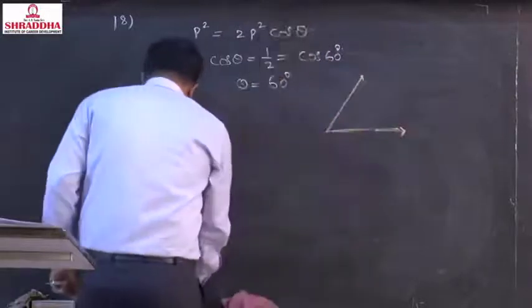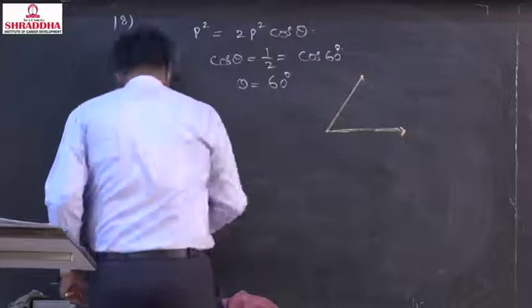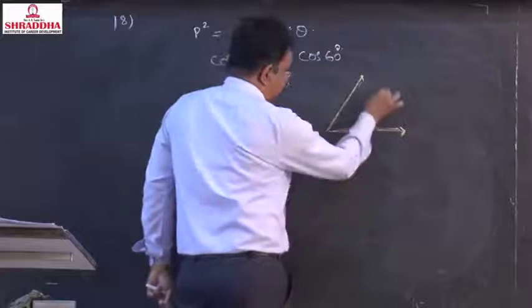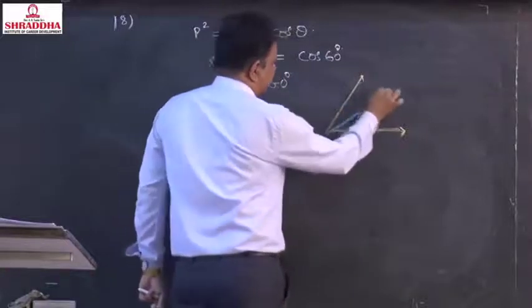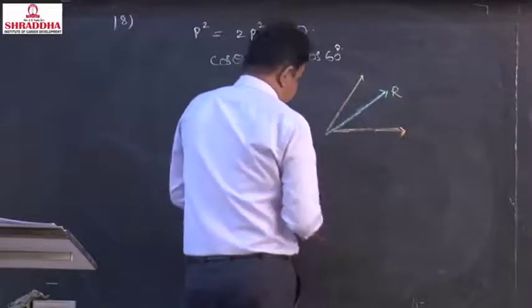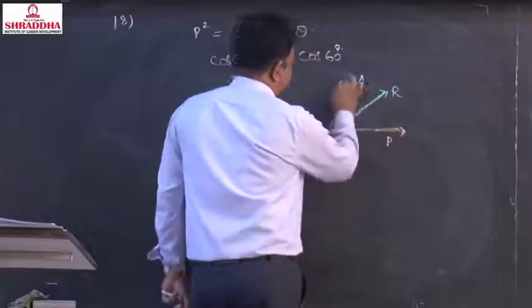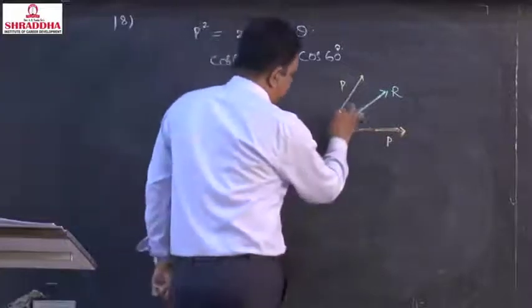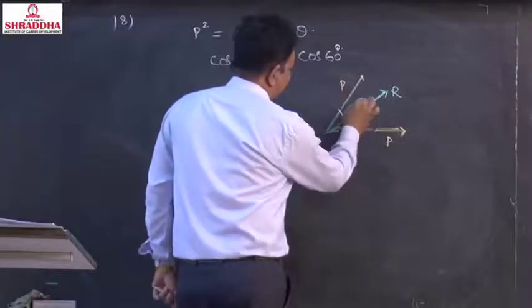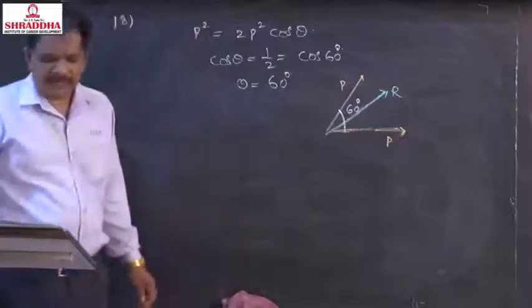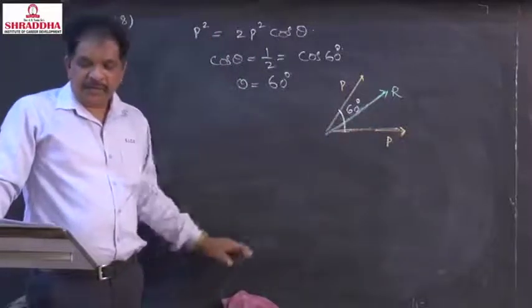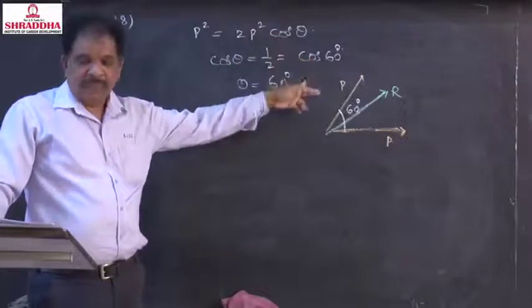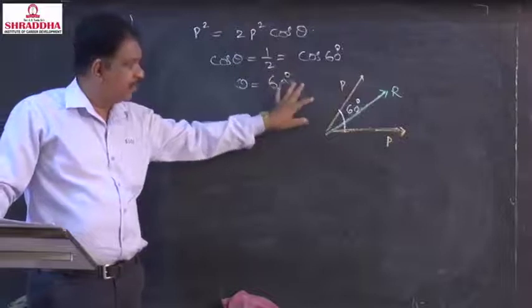Their resultant will be this one. This is R, this is P, this is P. We got the angle between them will be 60 degrees.